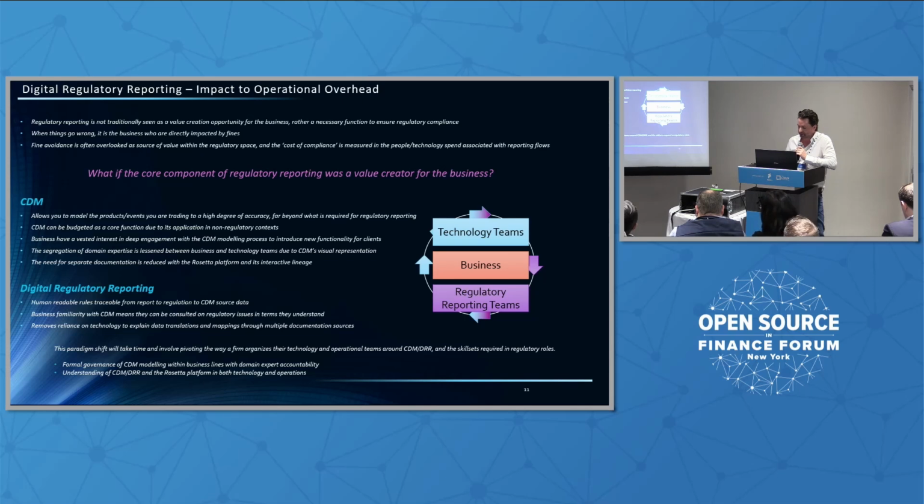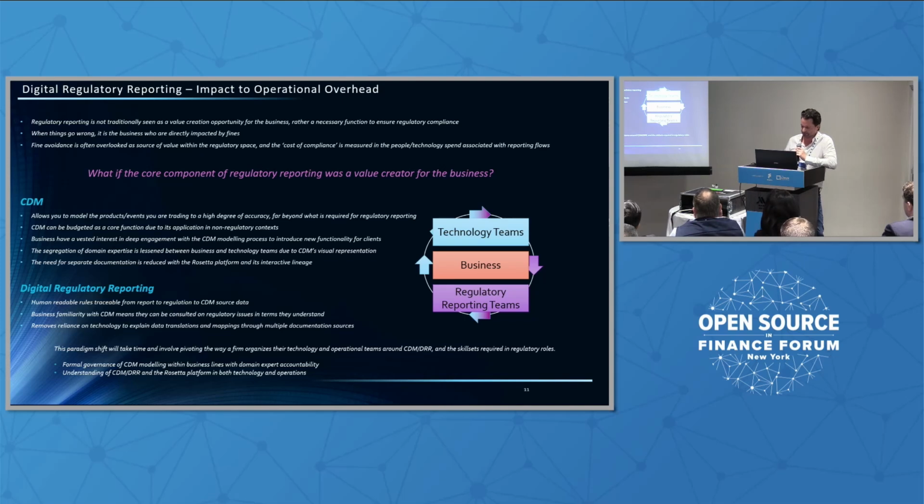And changing someone's regulatory reporting platform end-to-end is no small feat. But over time, I think the things we're going to see evolve are the skill sets that are required in regulatory roles. I think operations and technology are going to get closer together in terms of the skill sets required in either role, which, if you've used Rosetta, would make more sense.